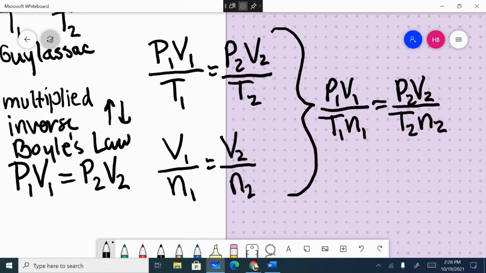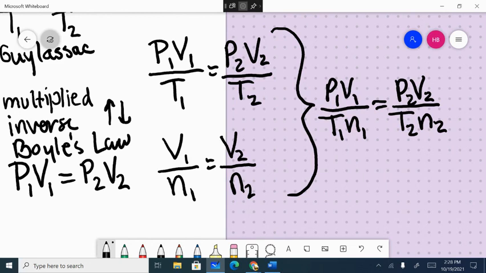But we do need to know P is for pressure, V is for volume, T is for temperature, N is for number of moles. Pressure is inversely related to volume, but directly related to temperature and number of moles.